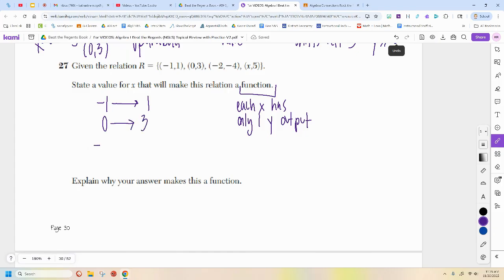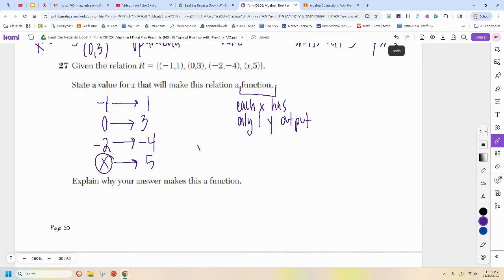And -2 pushes out a 4. So this last one pushes out a 5. Basically, we can pick any other number for x except for -1, 0, or -2.